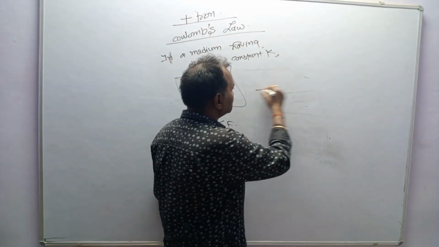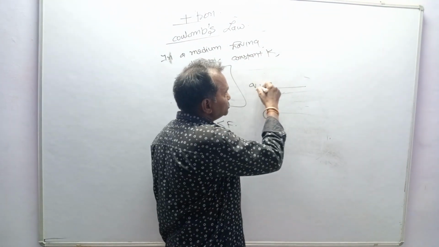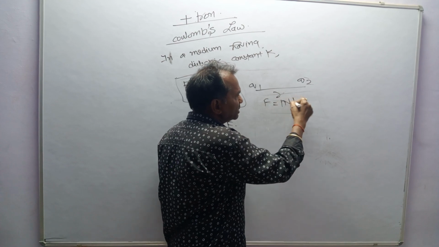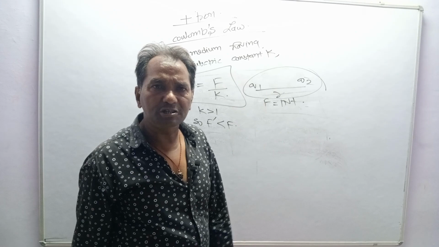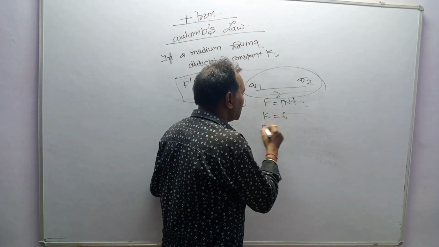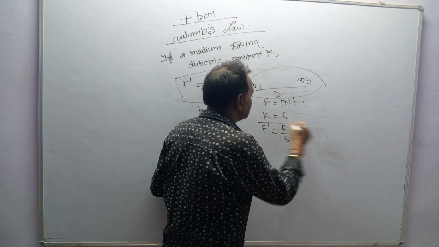So if this very combination is kept in a medium having K equal to 6, then F dash will be F over 6, that is 1 by 6.